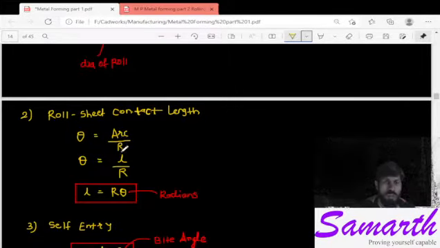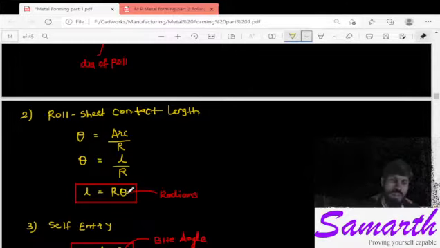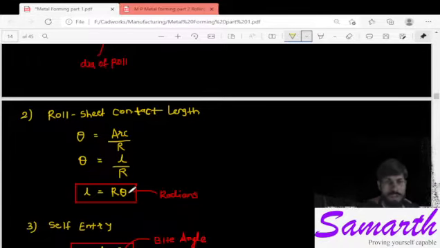Theta is equal to arc upon radius R. So arc length is L, and here we get L is equal to R theta. This theta will be in radians because it is not associated with any trigonometric function. Whenever there is only theta without any trigonometric function, that theta will always be in radians.